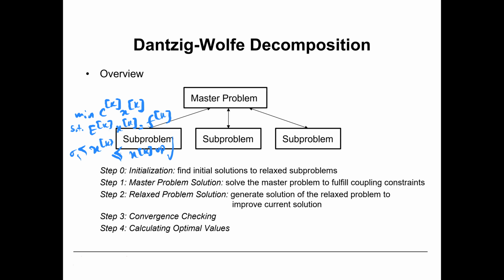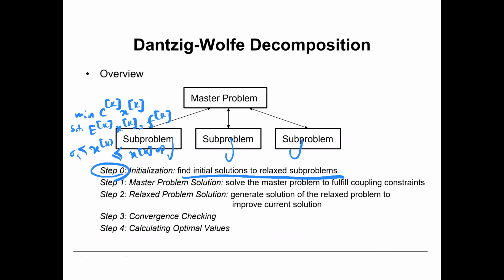This is for each of the subproblems. Then, step 0, initializing. Find initial solutions to relaxed problems. So this is the step where you find feasible solutions for each of the subproblems.